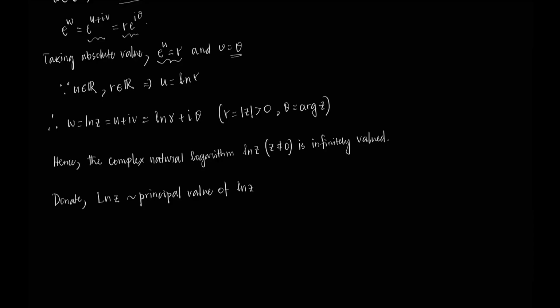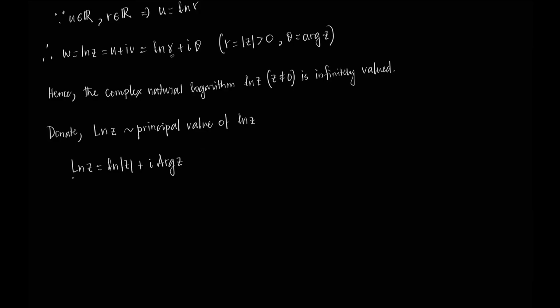It is given by Log z is nothing but log of mod z, where r is mod z, plus i times the capital argument of z, here the principal argument. So that is how we are defining the log of z.